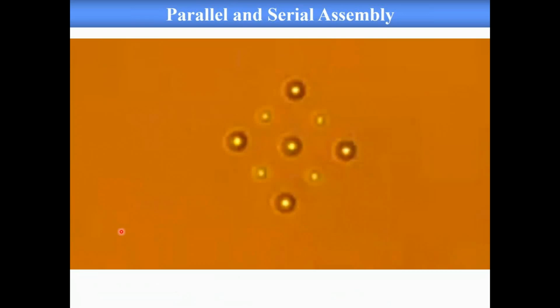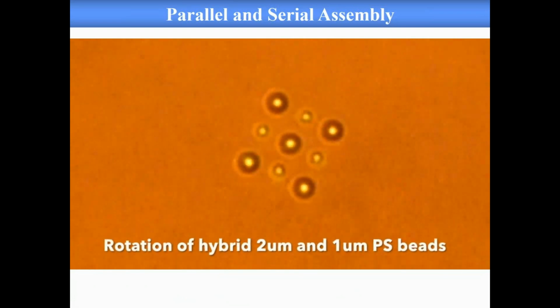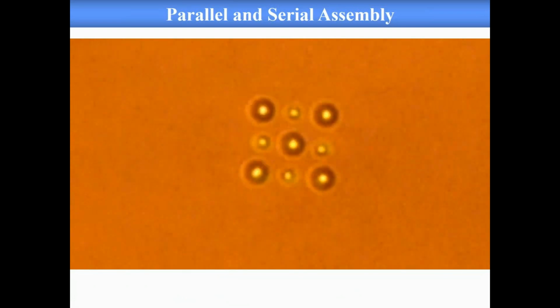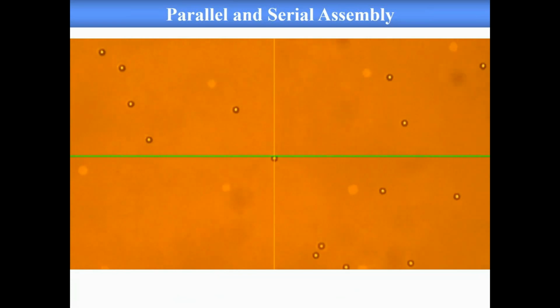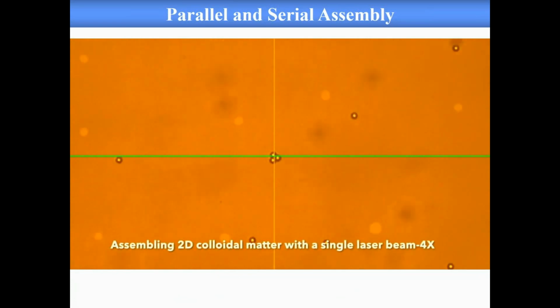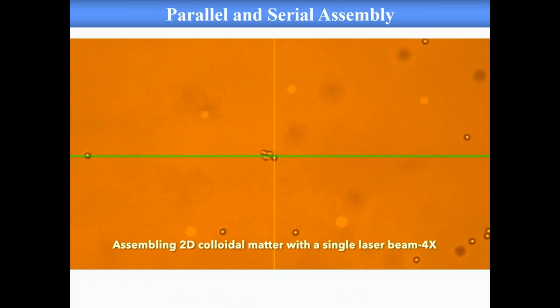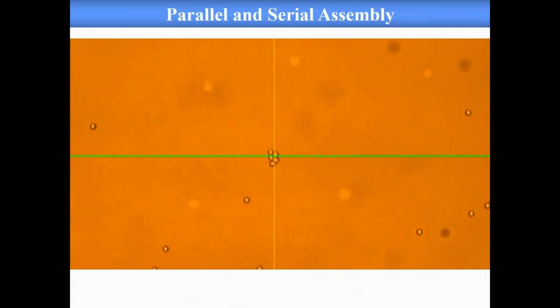This video shows that we can do this in parallel, where given particles of a given size can be manipulated at the same time. But we can also do it one by one. You can imagine that without the interaction, whenever you push the particles together, they would always disassemble again. Here, it's just like clicking your Lego pieces together because of this attractive force.